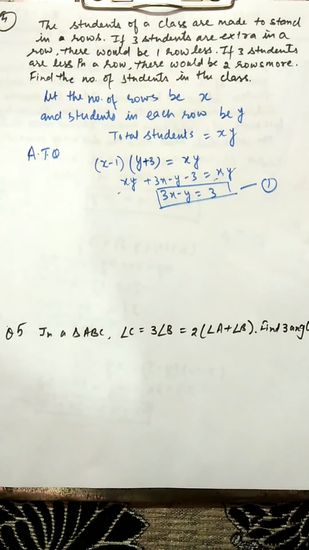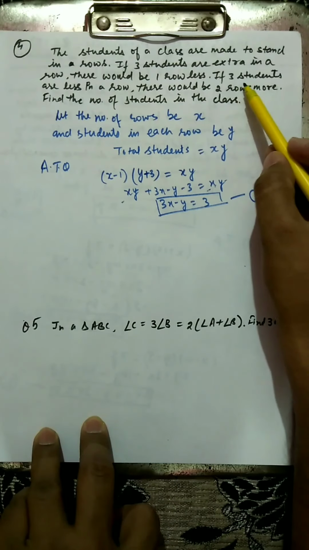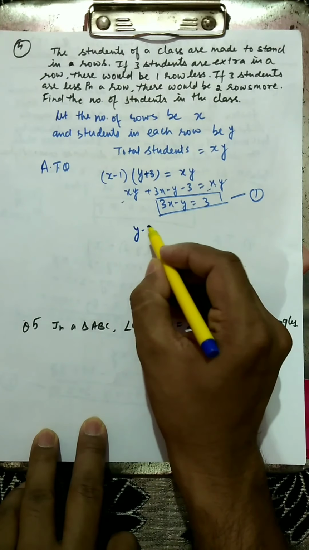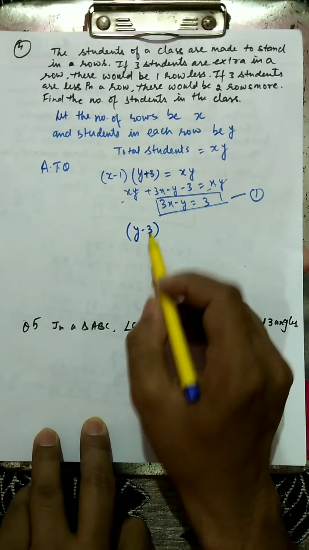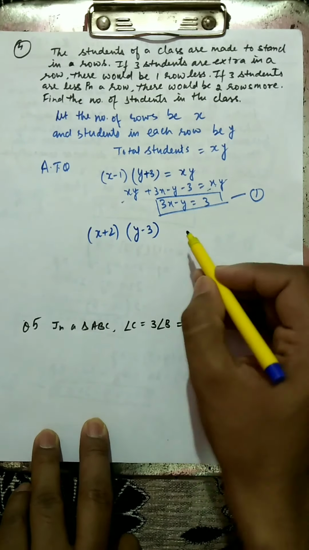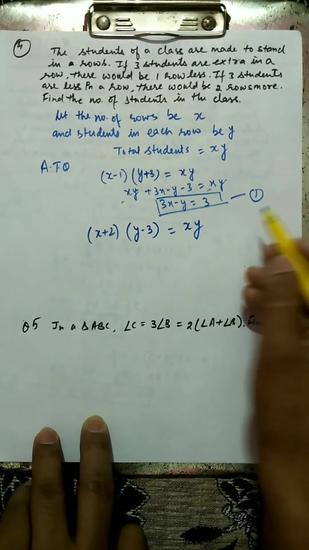Now read the second. According to your second condition, it's given that if 3 students are fewer in a row, and there would be 2 rows more. This way there will be 2 rows more, and even in this case your number of students will remain the same, that is xy.